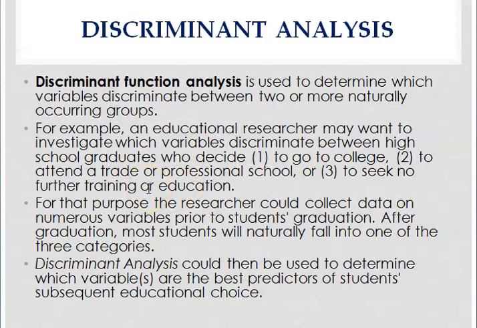To find out what choice a particular graduate is going to take, the researcher could collect data on numerous variables prior to the students' graduation and after graduation. Most students will naturally fall into one of these three categories: they go to college, attend a professional or trade school, or seek no further education.